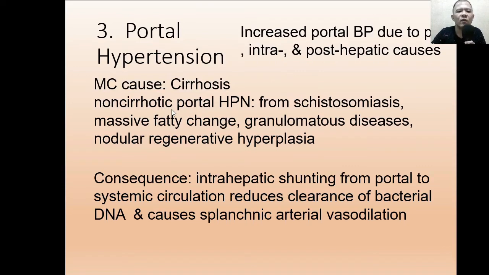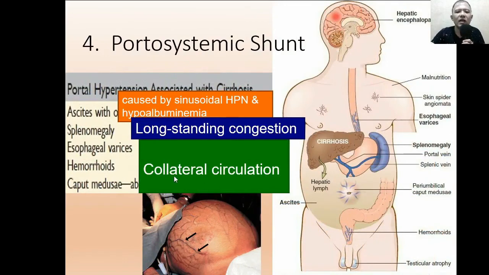So what happens is that in portal hypertension you have intrahepatic shunting from the portal circulation that reduces clearance of the bacterial DNA and causes splanchnic arterial vasodilation. And this explains the number one manifestation, which is ascites. So you have splanchnic vasodilation.